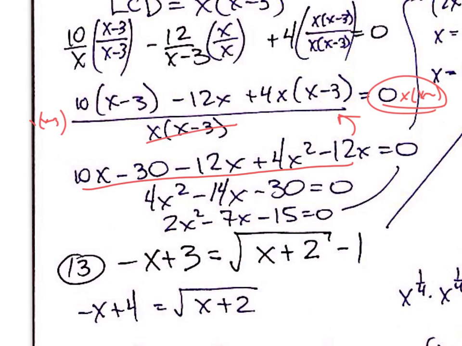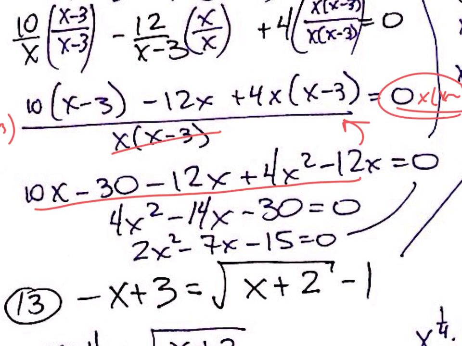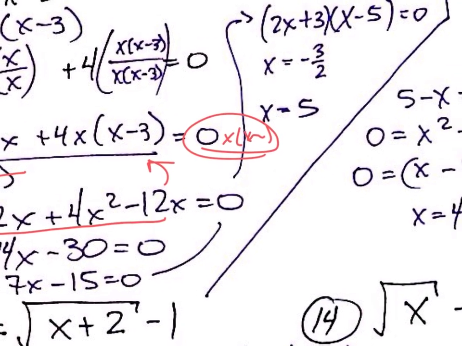Combining like terms, we got 4x squared, and I think, let's see, minus 24 plus 10 minus 14x. I'm worried that I'm making mistakes now. Minus 30 equals 0. I factored out a 2 from everything. And then here, I think this is factorable. 2x squared minus 7x minus 15.